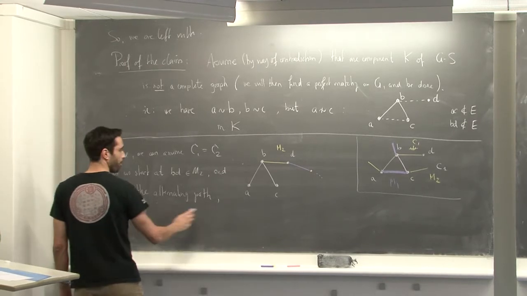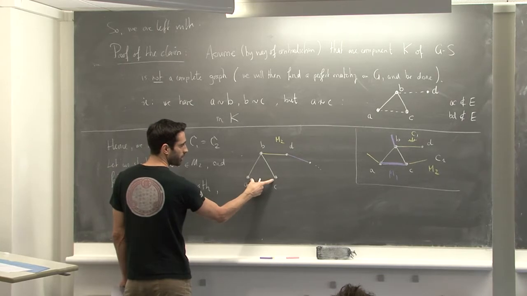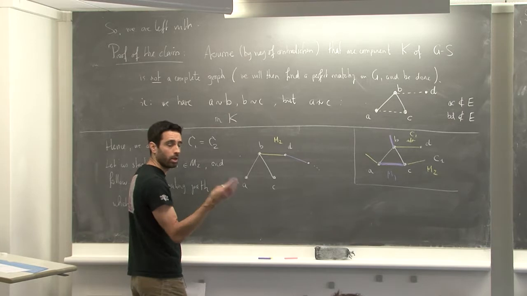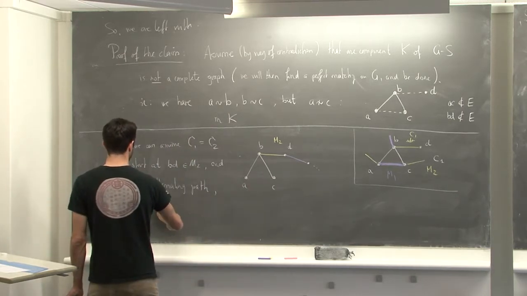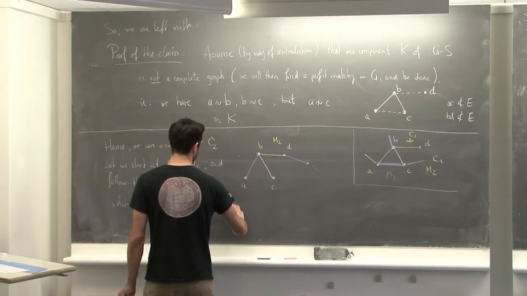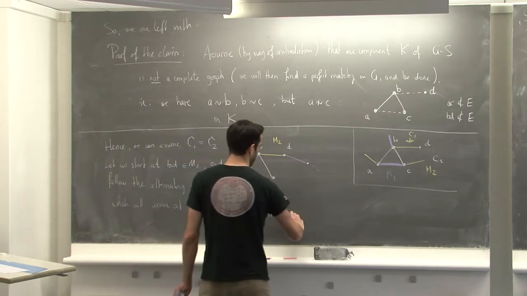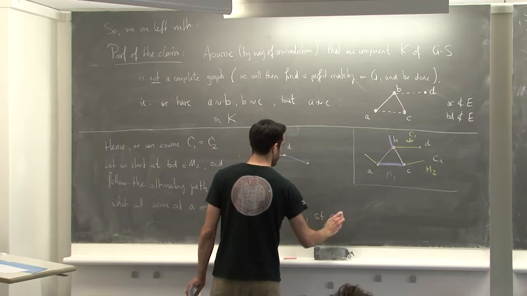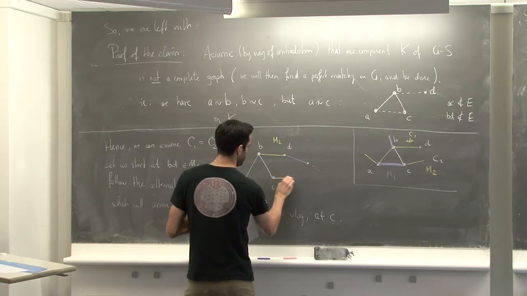Which will at some point arrive here, because C1 is equal to C2, so at some point it contains this edge here. So at some point it will touch either A or C first. Without loss of generality, let's say that it arrives at C. So it continues like this, and then at some point it arrives here.